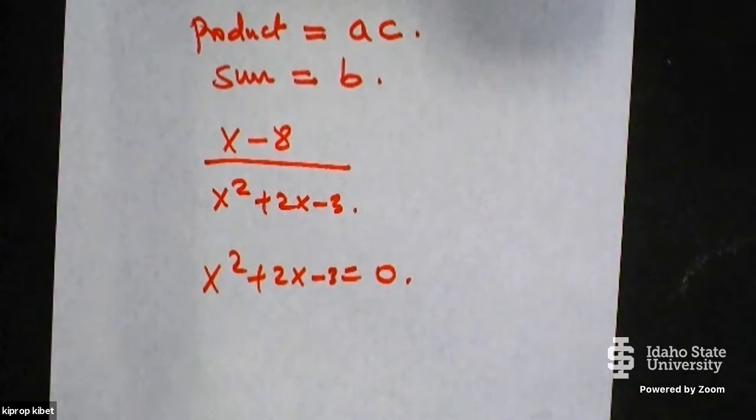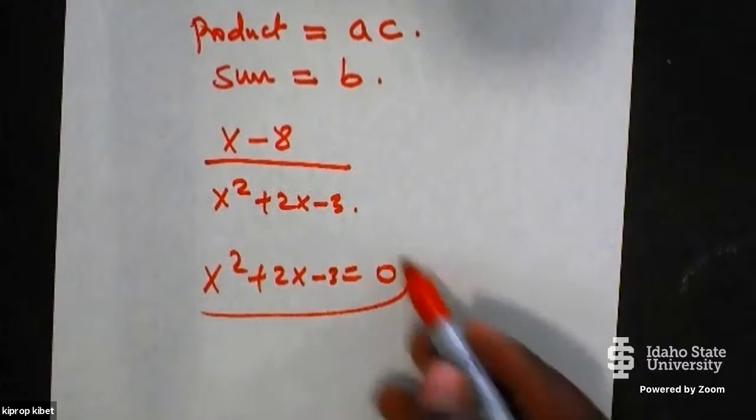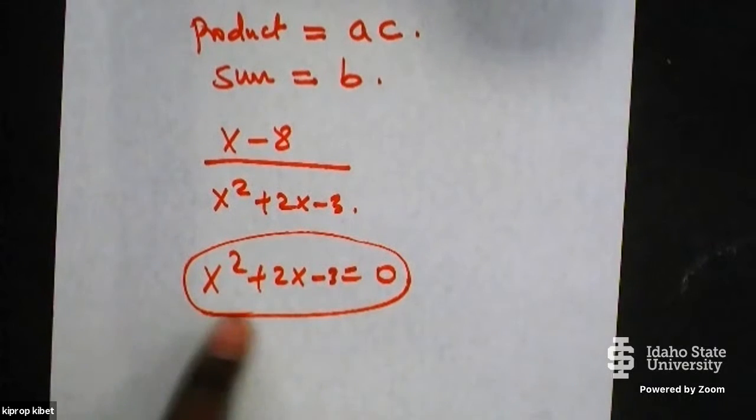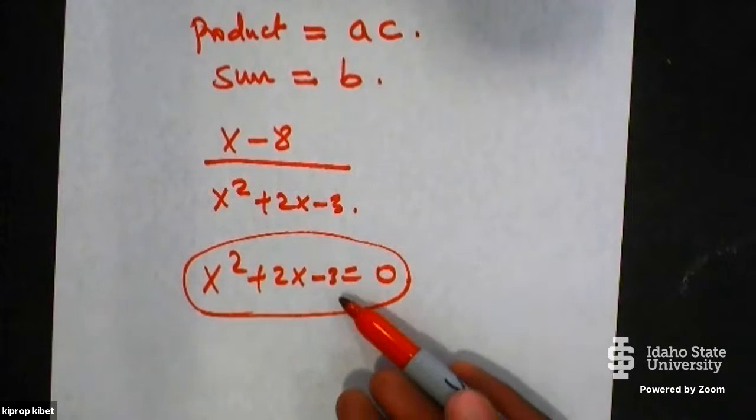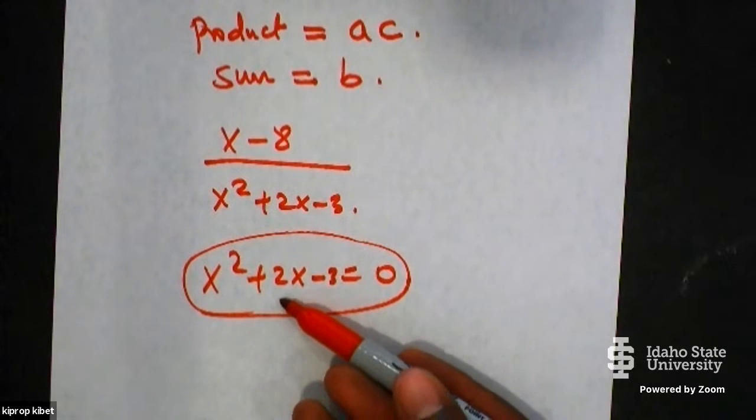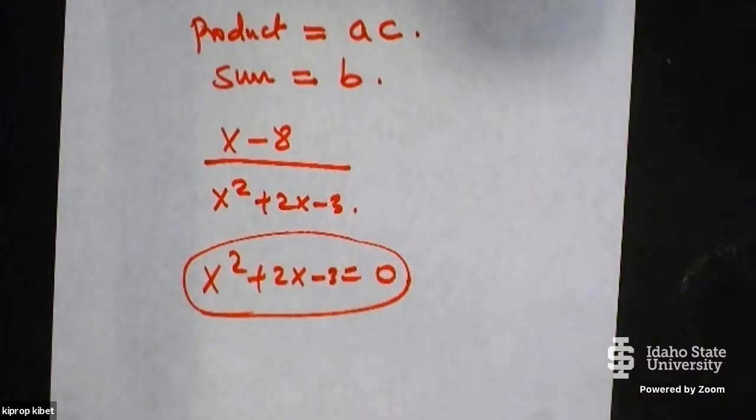So basically, this is testing how you can solve the quadratic equation. Here you can use the AC method. The product is -3 and the sum is 2. What are the two numbers?